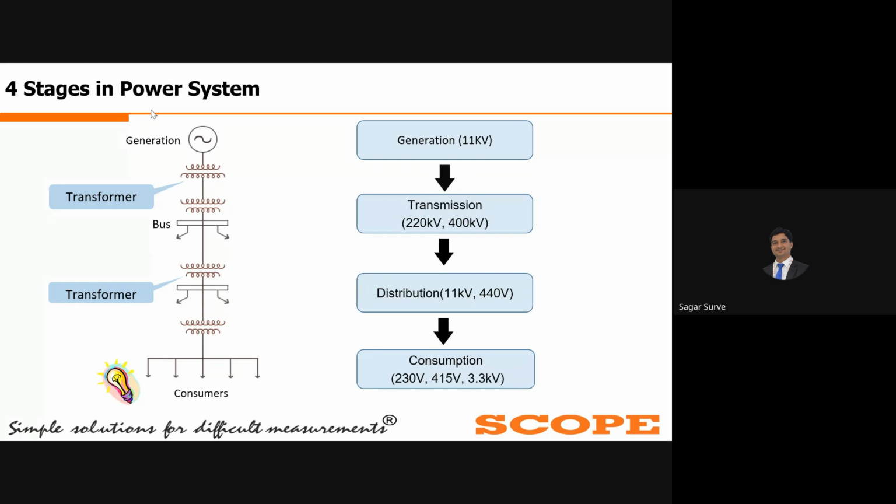In transmission, we step up the generated voltage to some 220 kV or 400 kV level, and then it is transmitted over a long distance. And at the user end, we go with the distribution segment or distribution lines, where we step down that high voltage to about 11 kV or 440 V like that, so it is very convenient to use that power.